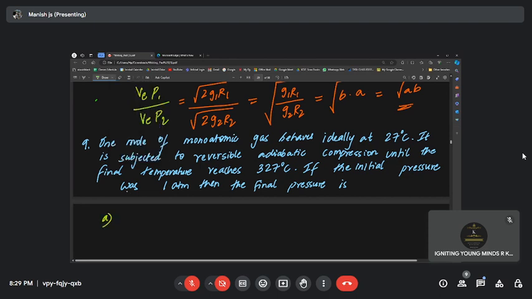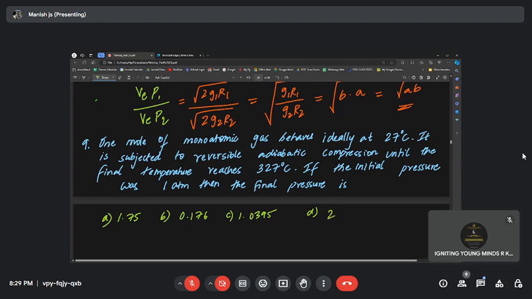Option A, 1.75. Option B, 0.176. Option C, 1.0395. And option D is 2.